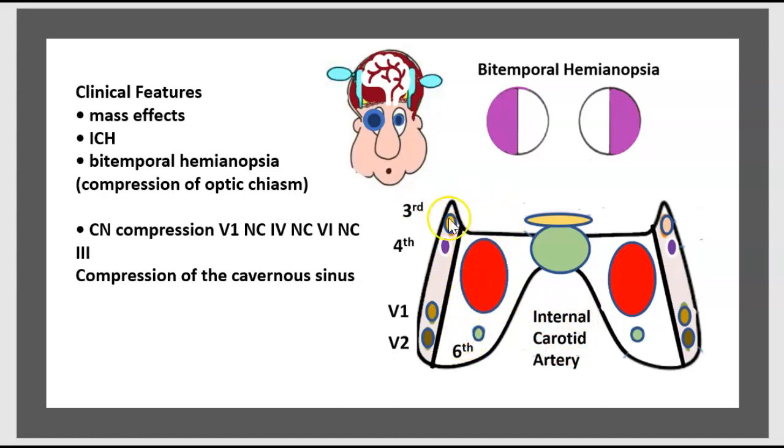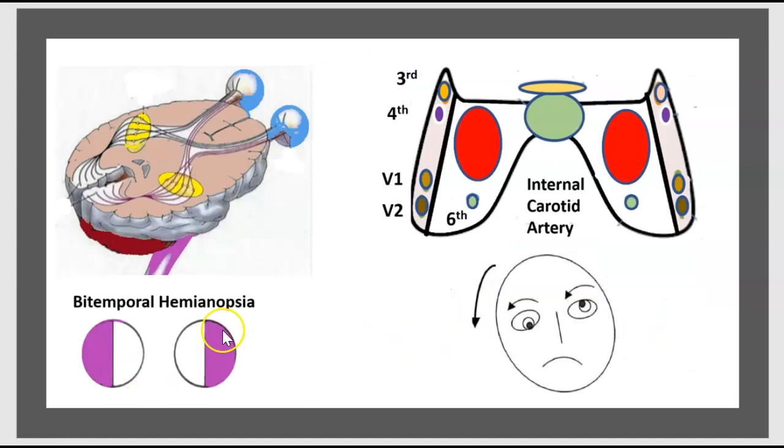There is the third, the fourth, V1 and V2. Bitemporal hemianopsia by compression of the chiasma. And the fourth, there is a deviation of the A.